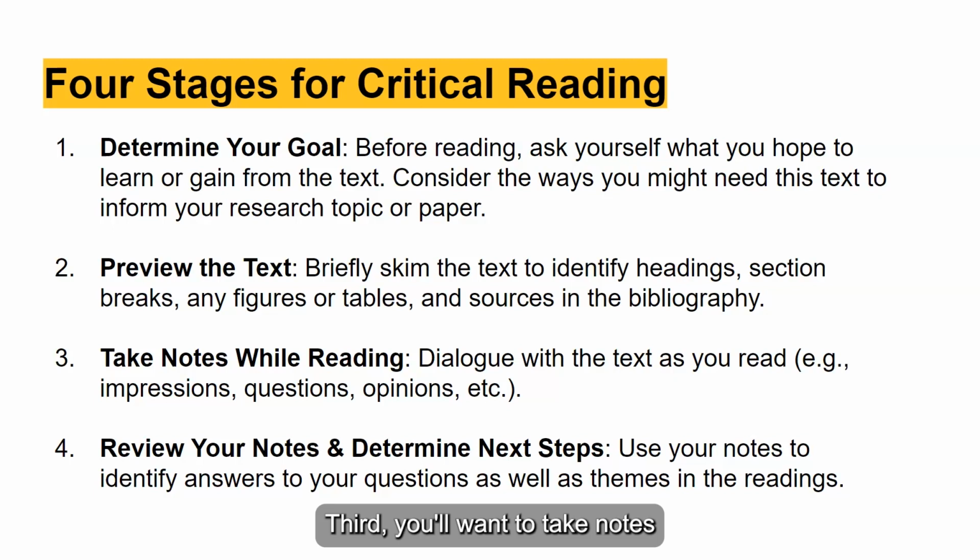Third, you'll want to take notes while reading. You'll want to dialogue with the text as you read, making note of your impressions, your questions, your opinions, and others. And then finally, you'll want to review your notes and determine next steps. You can use your notes to identify answers to your questions as well as themes in your readings.